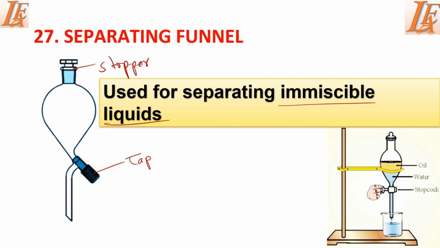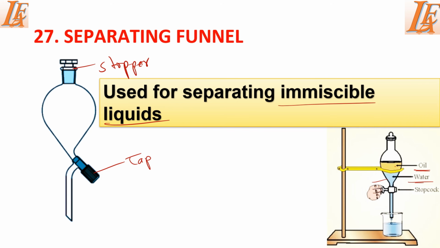A good example in this case is oil and water. Like you can see on the right side of the screen, we have oil and we have water. The reason why it's possible for us to separate these substances is because they have different densities. Like you can see, water is at the bottom, then oil is at the top.